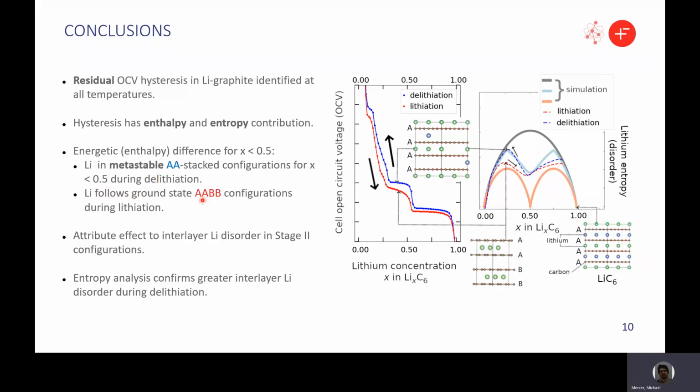During lithiation, the lithium follows something close to the ground state AB stacked configurations. And we attribute the origin of the entropy difference to the lattice retaining some interlayer lithium disorder in stage 2 configurations. And this is actually supported by our entropy analysis, as talked about before.